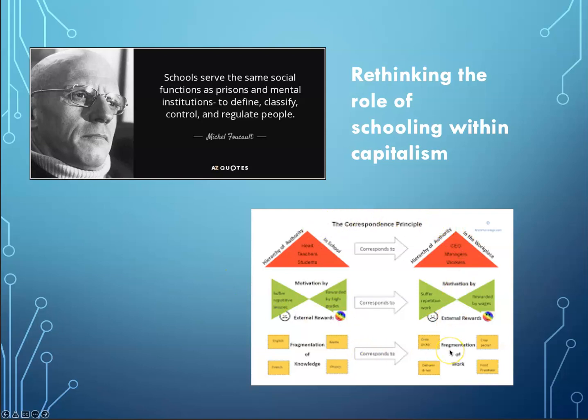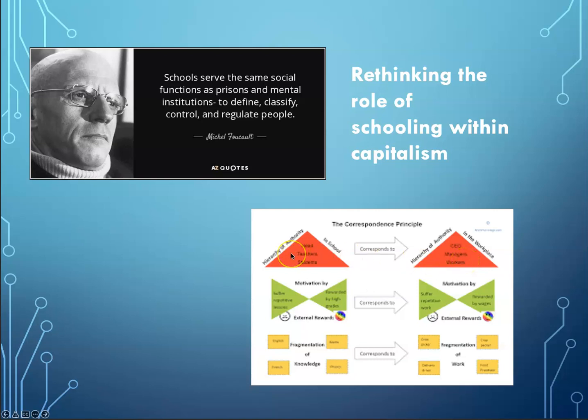Bowles and Gintis, who were sociologists, came up with what they called the correspondence principle. What they suggested was that each aspect of schooling is actually preparing students for the workplace. So our practices mirror what is expected in the workplace.